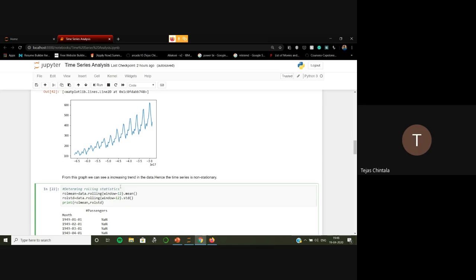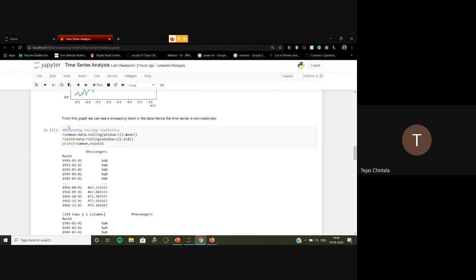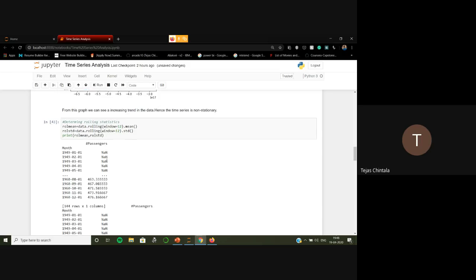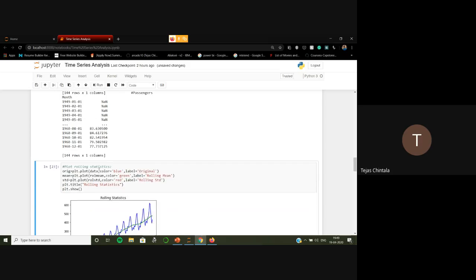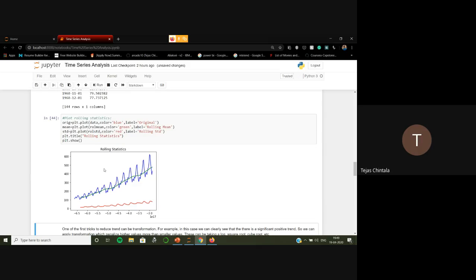I'm finding the rolling mean and the rolling standard deviation of the time series, and printing it. So we get the values for the passengers and the months, and the standard deviation, and then we plot the statistics.